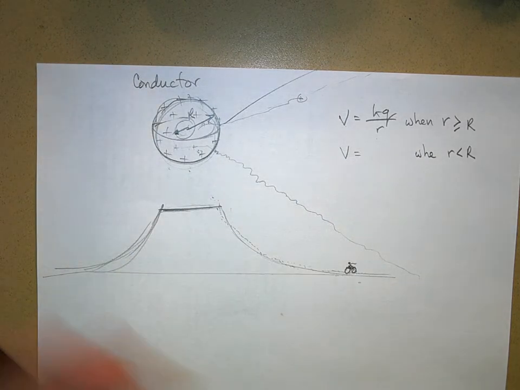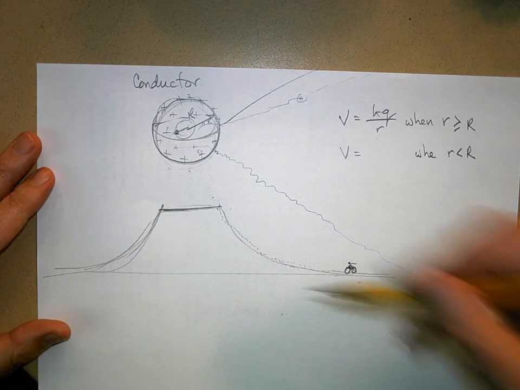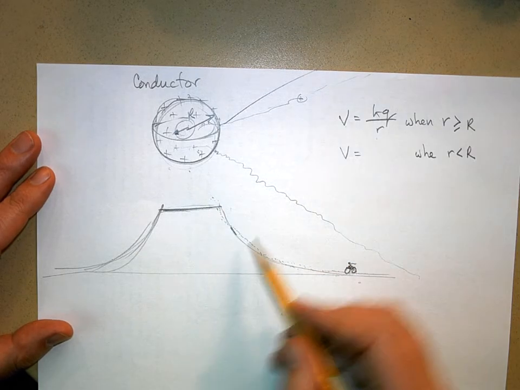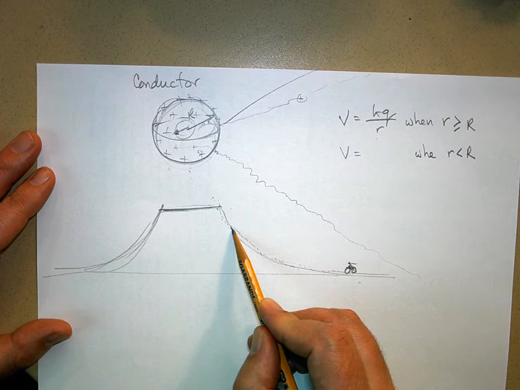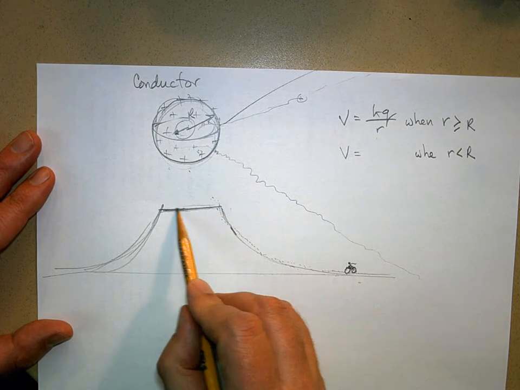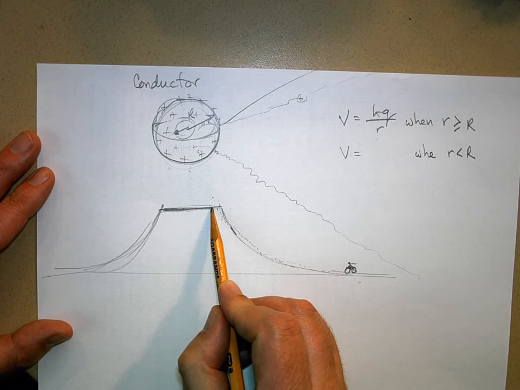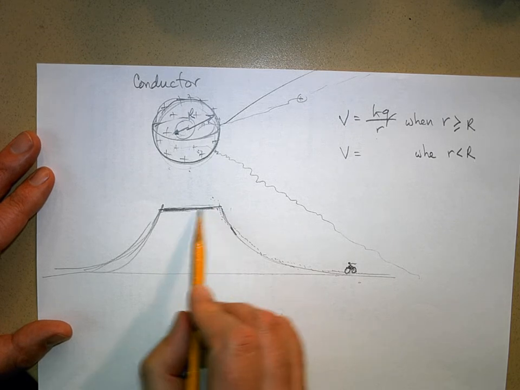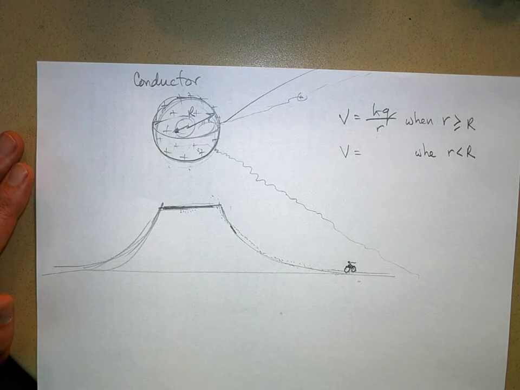So that's voltage. The electric field out here is very steep, a very, very strong field as you get closer. Here, what's the slope? 0 slope, 0 electric field, but all that energy is still there inside.